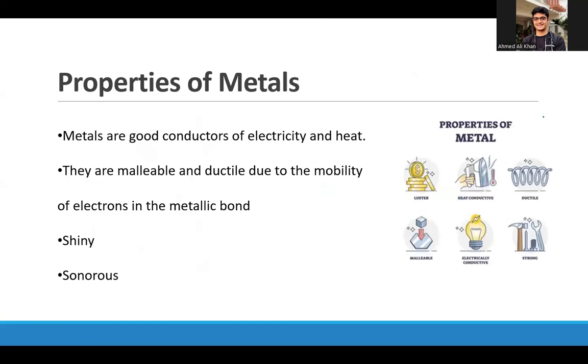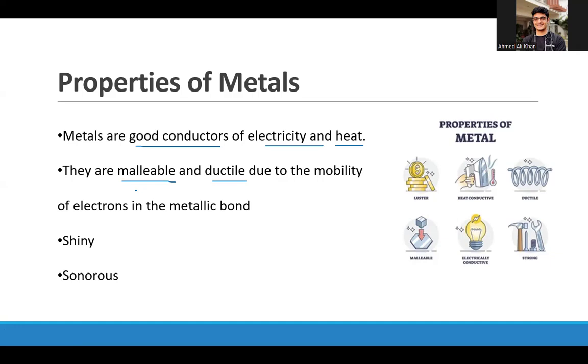These are some properties of metals which you already know. Metals are good conductors of heat and electricity. They are malleable and ductile. Malleable means that if you hit them really hard, they can change their shape, and they're not really brittle.